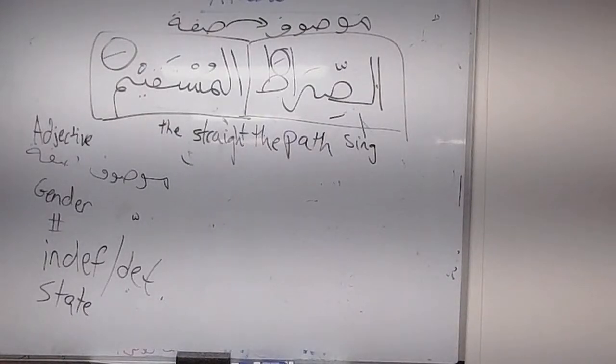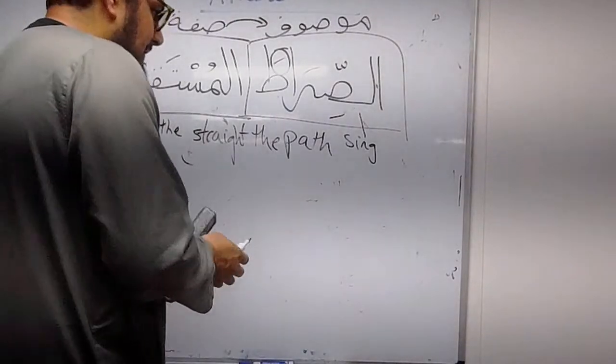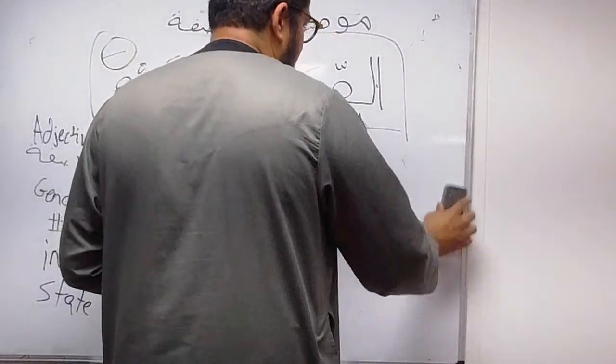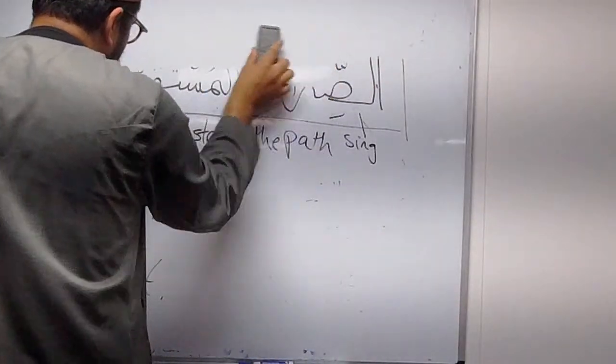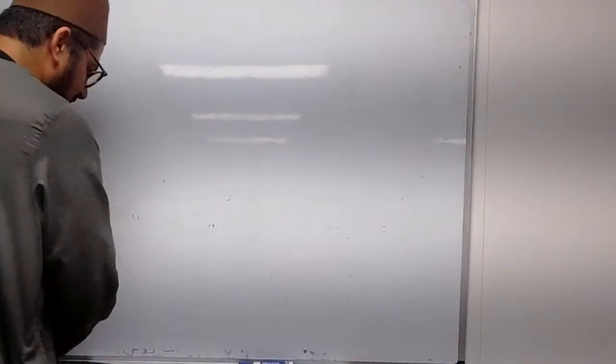MashaAllah, I see you, but you got the spelling wrong on pious. For the second one, we put Saeed first because that's the Mawsoof. Is it past? Very good question, Amir. Because the English is the sun, Saeed the sun.